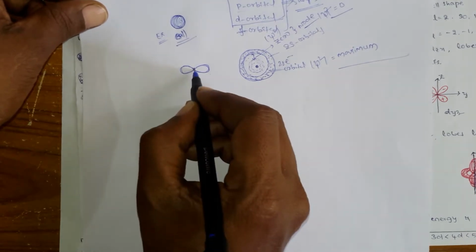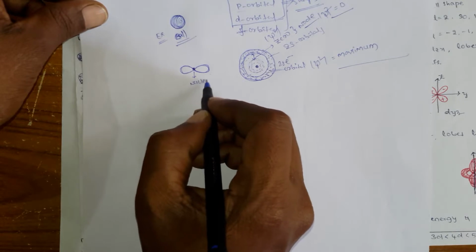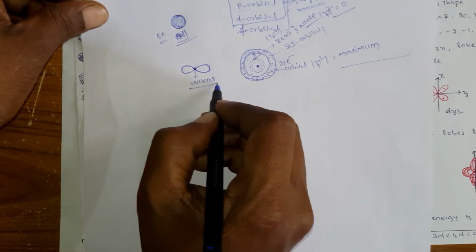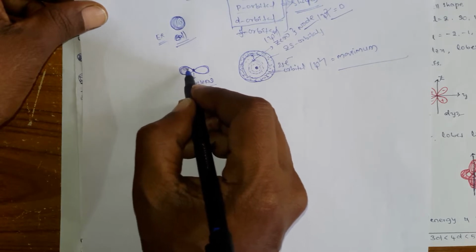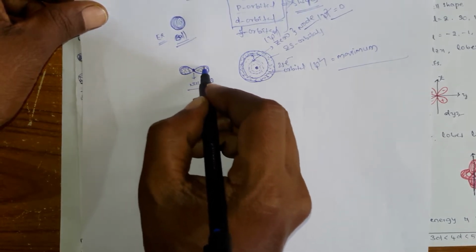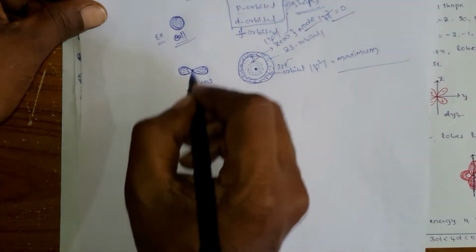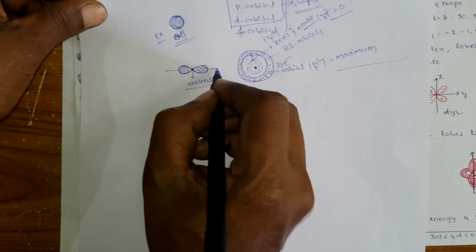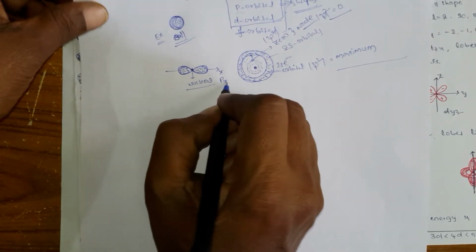Okay, and the center one is the nucleus. Okay, so here in this region the finding of an electron is maximum. In this region only the finding of an electron is maximum. If this is along the x axis, then you can say that it is a px orbital.